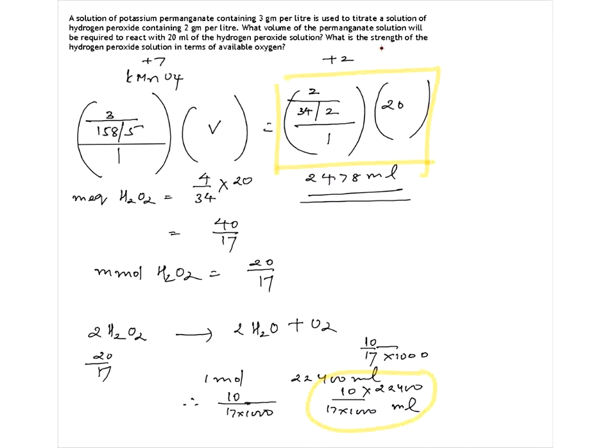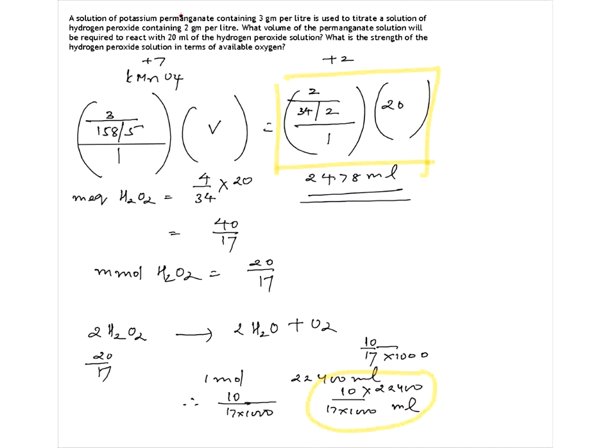But here there should be no problem of limiting reactant. In titration you add the volume very carefully so that you have just the bare minimum required. So you just say the two equivalents are same, KMnO4 and hydrogen peroxide.